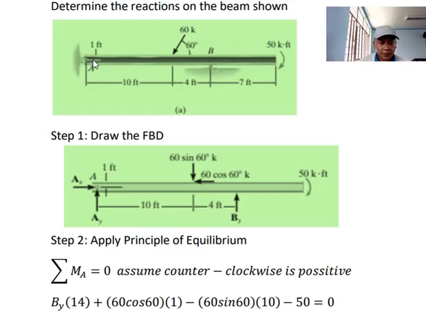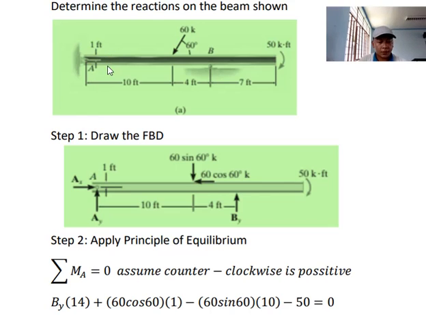As shown in this figure, the beam carries 60 kilopound, inclined 60 degrees from horizontal, and 50 kip-foot, directed clockwise at the free end of the beam, and the beam is supported by a roller at B and a hinge at A.